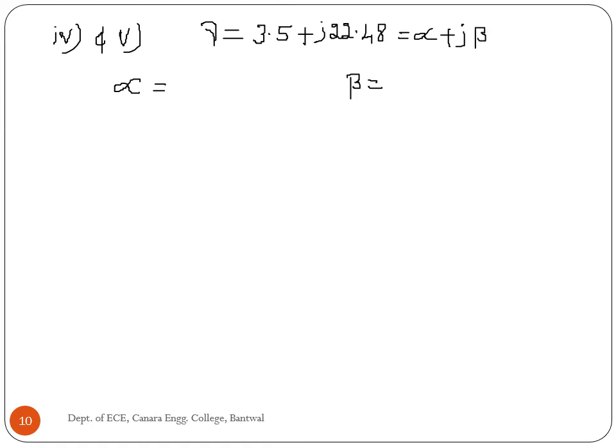Therefore, I can write alpha is 3.5, beta is 22.48.